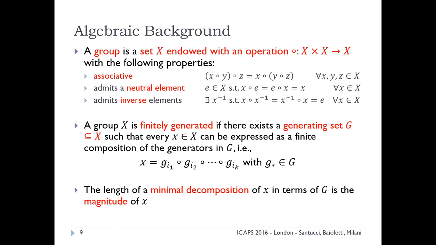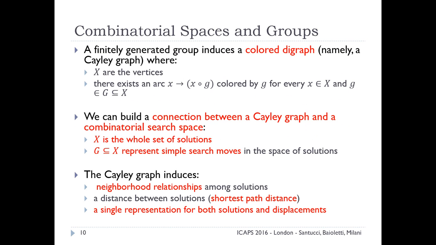Moreover, we have to consider a generating set, that is a subset of the group such that every element X of the group can be written as the product of the generators. We can say they are the prime numbers of the set. And we have a nice geometric interpretation of a finitely generated group because we can build a graph.